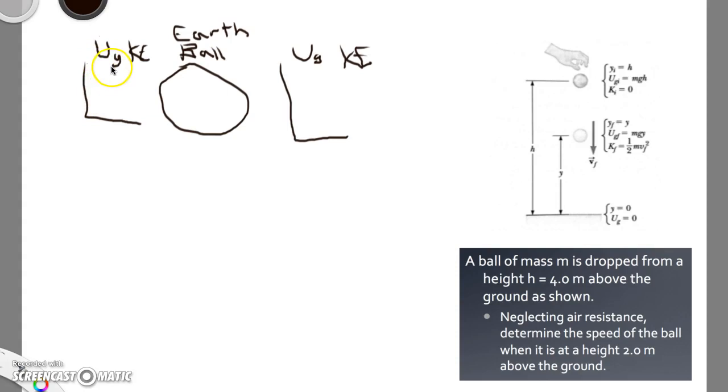At the beginning, we start with gravitational potential energy because we are at this height h above the ground. As we fall, some of that energy will be transformed into kinetic energy. So we'll show gravitational potential energy, let's give ourselves 4 boxes of that, and no kinetic energy. As the ball falls, that gravitational potential energy decreases as it's transformed into kinetic energy.